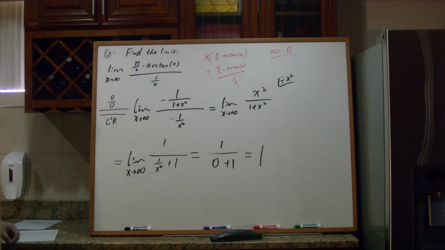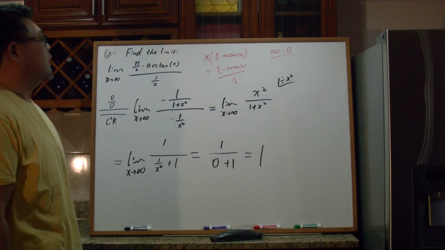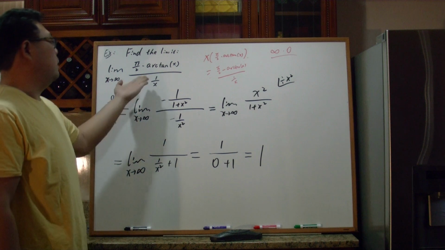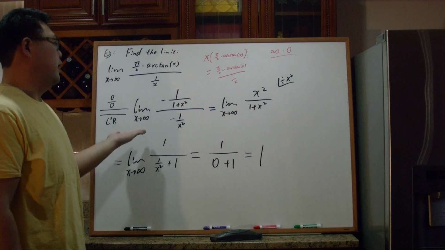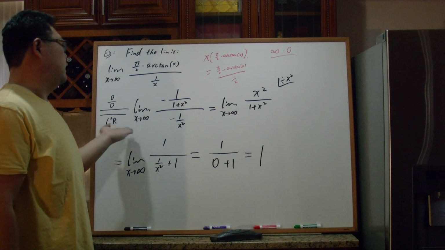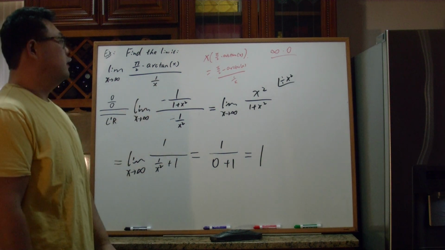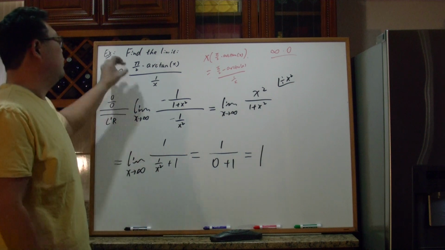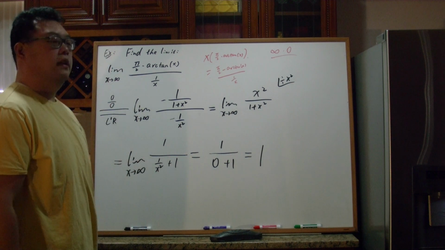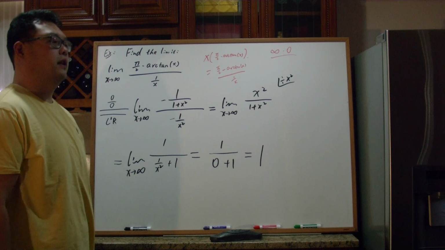So the L'Hopital's rule can be used for indeterminate form. That is, when the usual way we are not able to simplify, then we apply or try the L'Hopital's rule, which differentiates the top and bottom separately. Right? Be careful that we do them separately, different from what we do with a quotient.